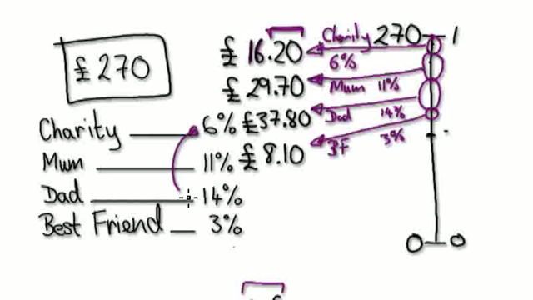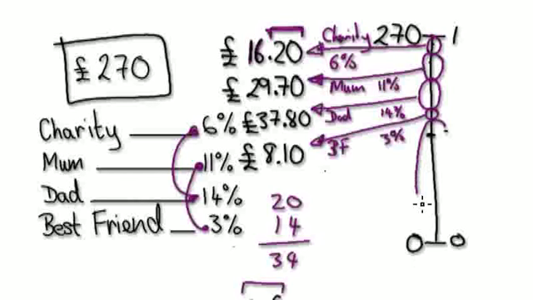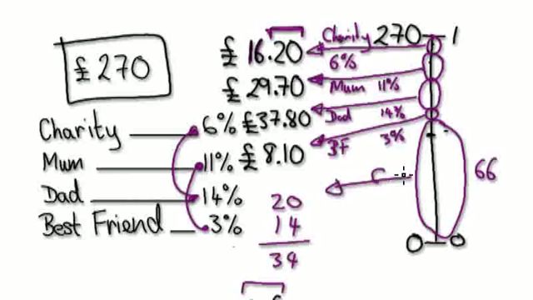Use your own method, but I'm just going to merge these two together, which gives me 20. Adding 20 to 14 is 34, so you've given away 34 pieces. What's left for you will be all this here, so 66 pieces left for you. So really, you've got 66% left for you.